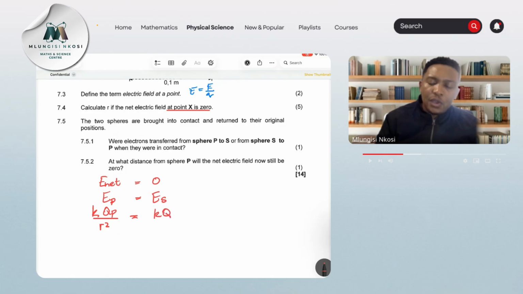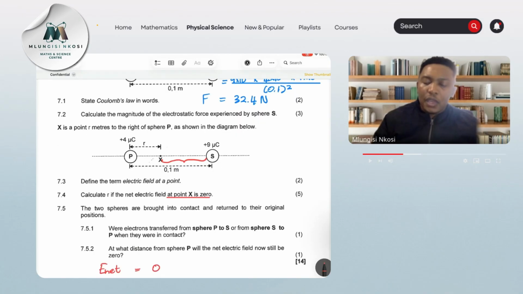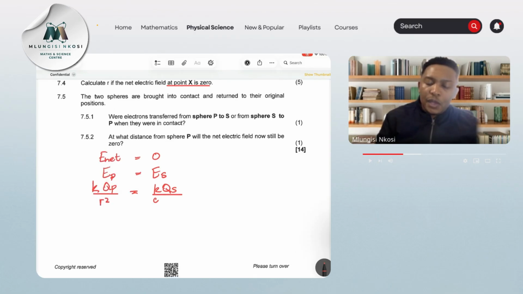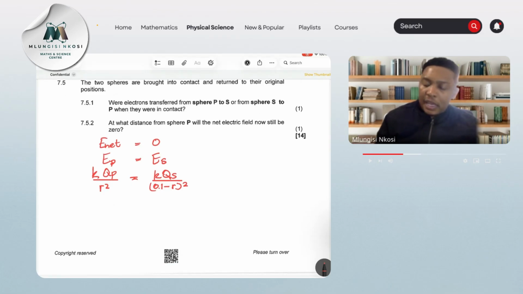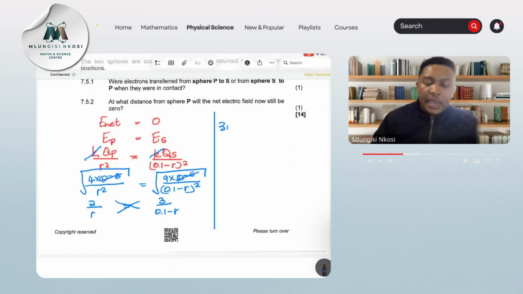Again, KQS divided by the distance between S and X, that would be 0.1 minus r, so 0.1 minus r all squared. K and K are constants, so we can cancel them out.